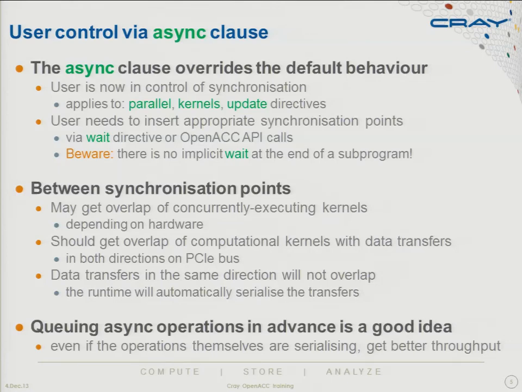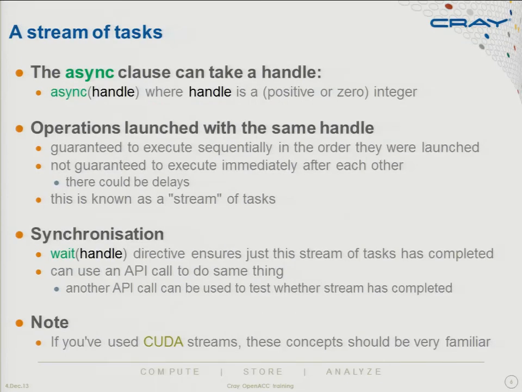Even if these operations are serializing, if you say copy A across, copy B across, then copy C across in separate directives, making them asynchronous is a good idea, because they're queued ready. As soon as the bus is free, the next one goes through.